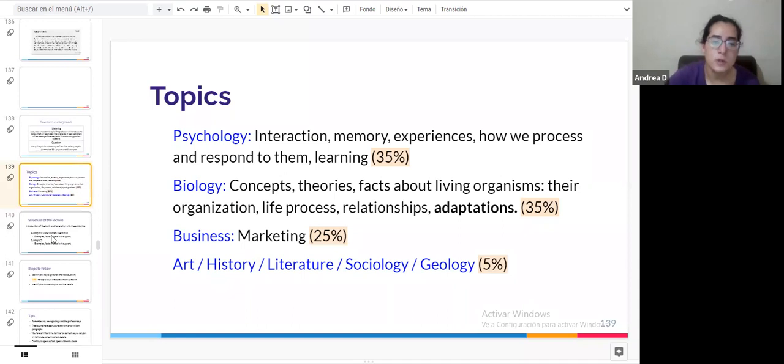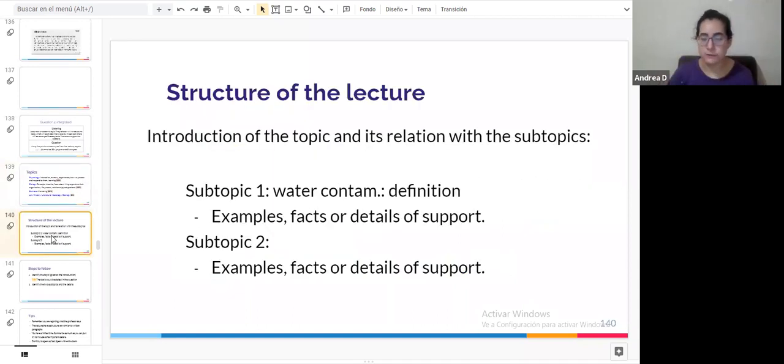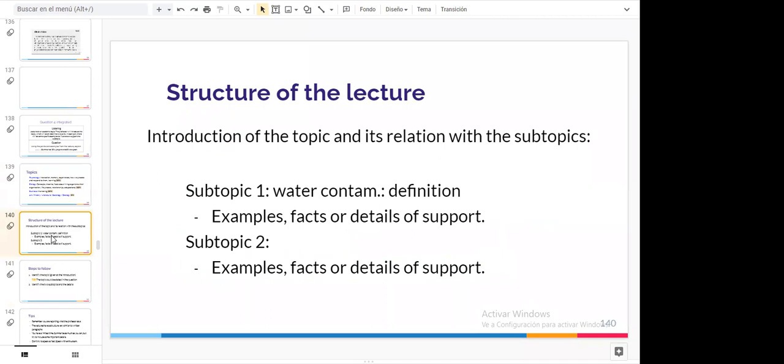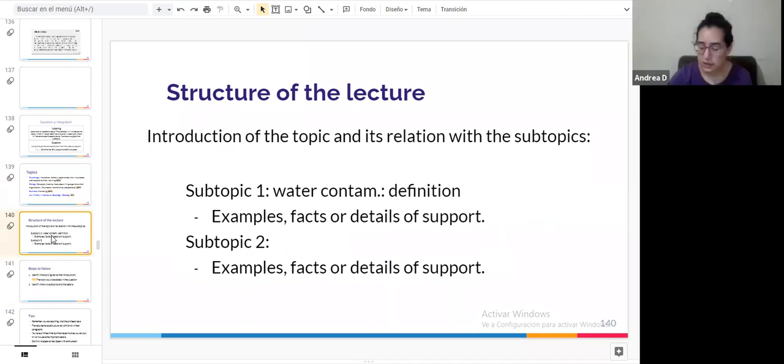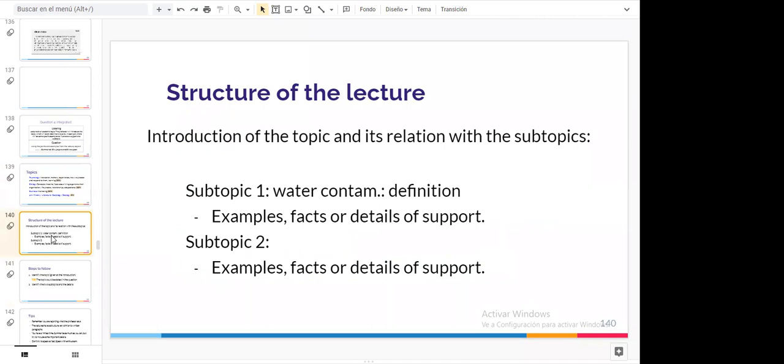Now, what's important to say, and here's where it gets different, is the structure of the lectures. But before we do that, hi, Lucy, are you there? Hi, teacher. I'm sorry I got late. No worries, that's fine. But whenever you're able to, if you don't mind, please turn your camera on when you can. Yes, teacher, I am sorry.